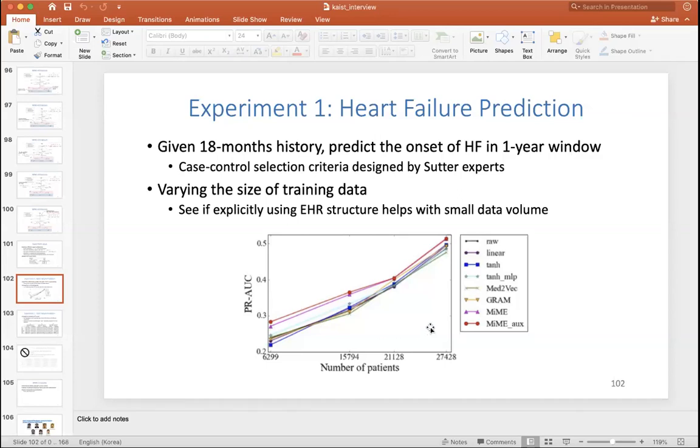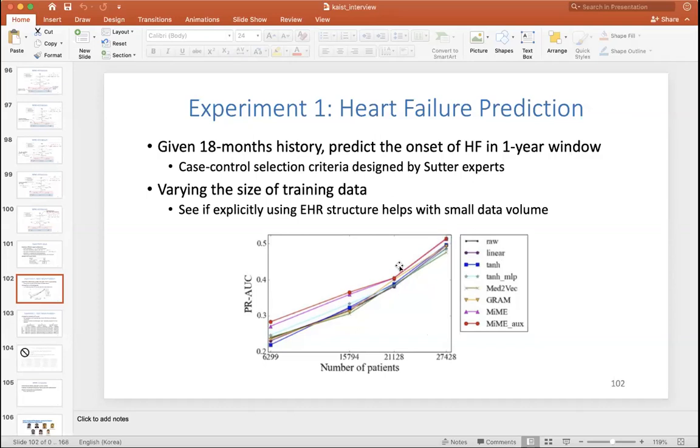You can see that the MIME model always outperforms the other models. There are a lot of lines below, which are the baselines that just flatten the visit structure. Compared to those, MIME always outperforms them, but it especially outperforms them when you use a smaller number of data samples.